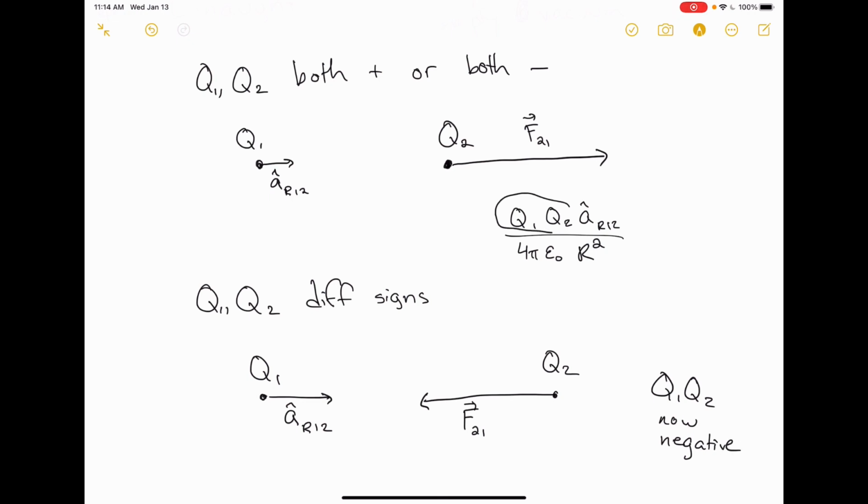In the scenario above, if Q1, Q2 is positive, then F21 has the same direction. I'm just going to write down parallel to a hat r12. Actually, parallel is a little bit wrong. Anyway.